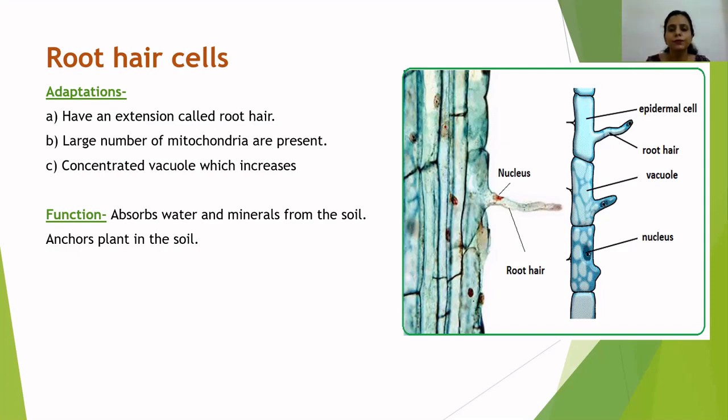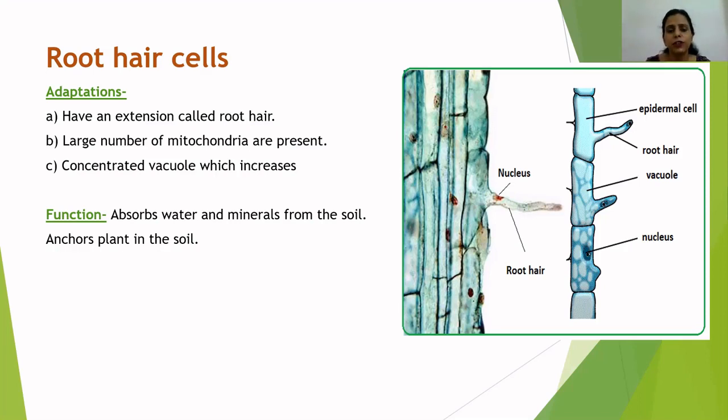Hence inside root hair cells concentrated vacuoles are present, which increase the osmotic concentration of the cell. As concentration of the cell increases, obviously the water potential decreases.